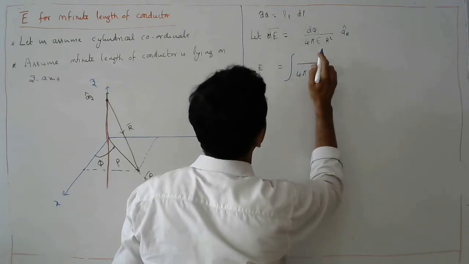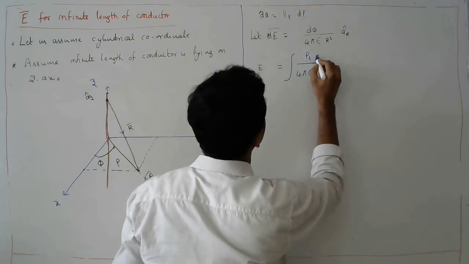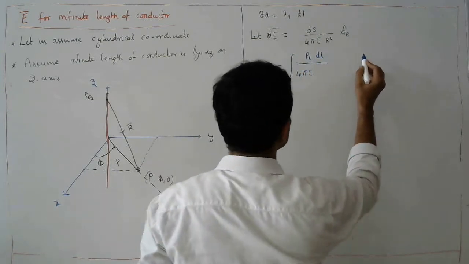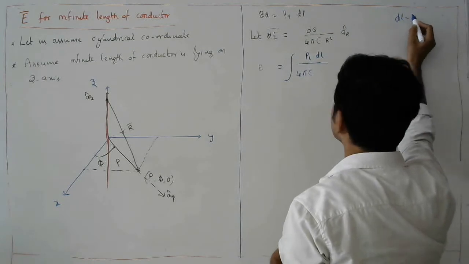This dq is nothing but rho L into dl, where dl is the differential length on the z-axis.